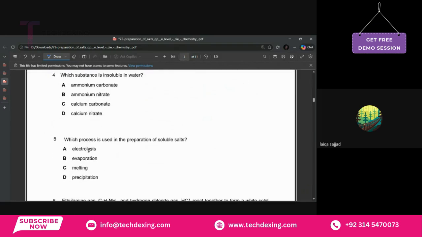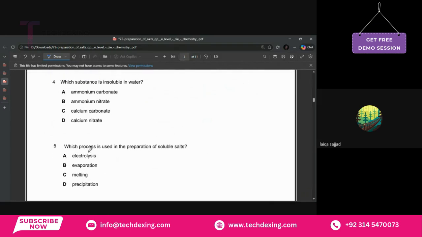Which substance is insoluble in water? Ammonium carbonate, ammonium nitrate, calcium carbonate, or calcium nitrate. Which of these is insoluble in water?